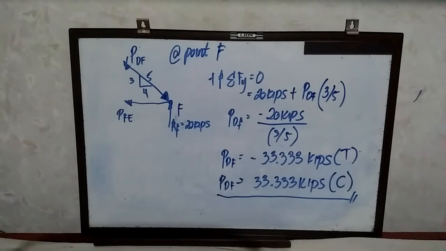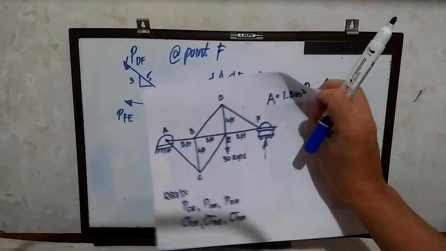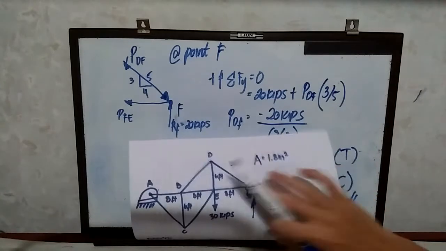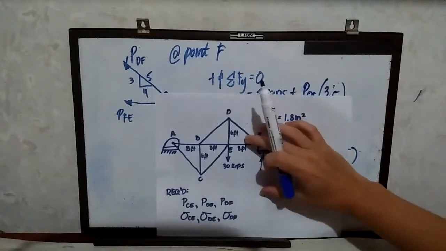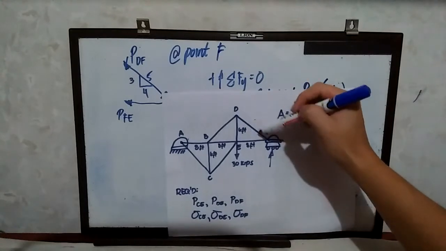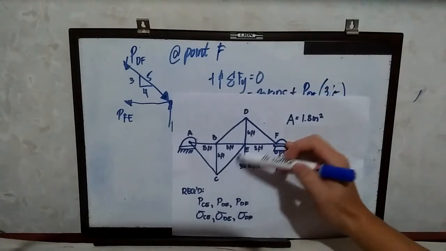So what would be the next easiest member to solve for this problem? Let's go back to our free body diagram. We already managed to solve for member DF, so let's try to solve for member CE.